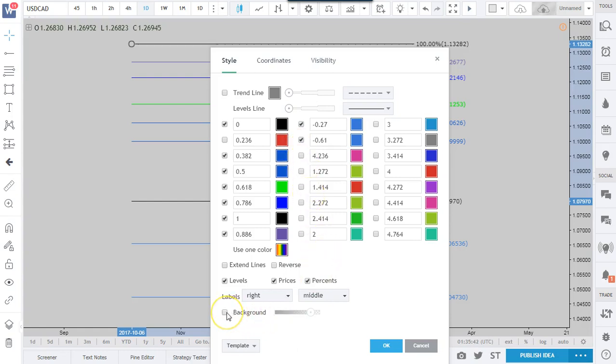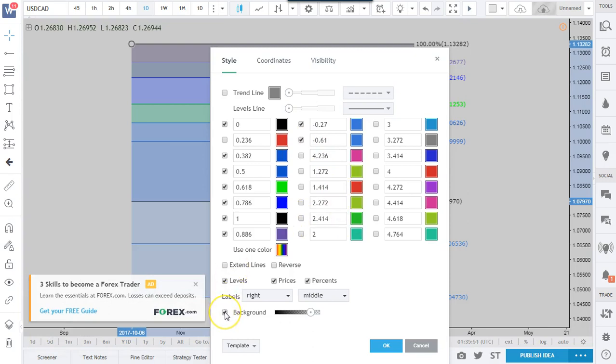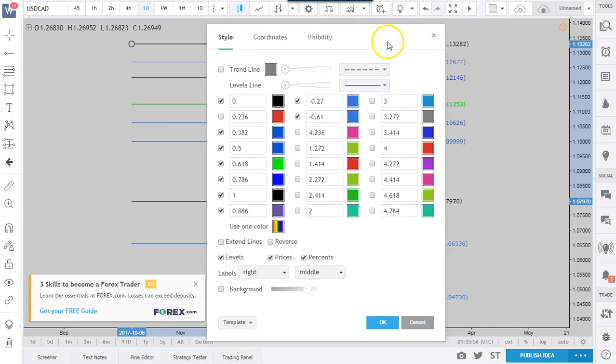You can decide to put in your background like this, but I don't like it because it makes my chart look dirty. So I unclick the background, which I'm comfortable with, and then you can choose any color you want. You can see my own, I'm using blue for the 0.5.